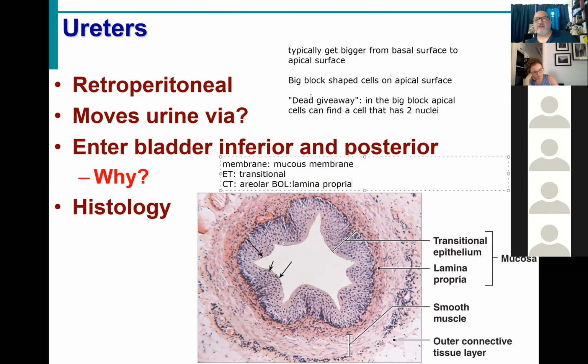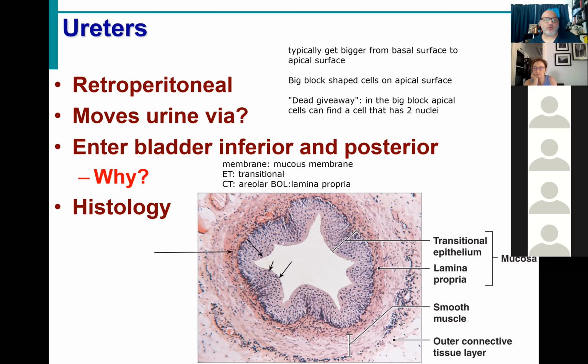Excellent. Notice with our ureter, we have a relatively small lamina propria. And notice with this small lamina propria, even though it's a mucous membrane, do we see a large number of really big mucous glands?